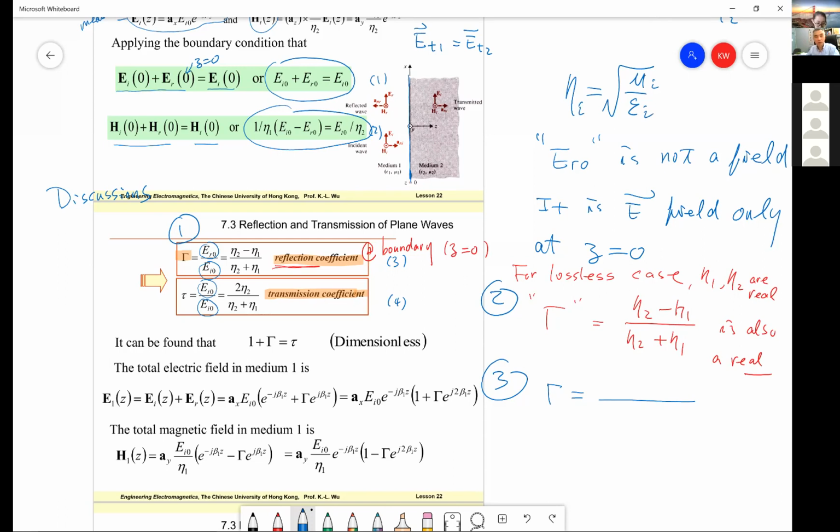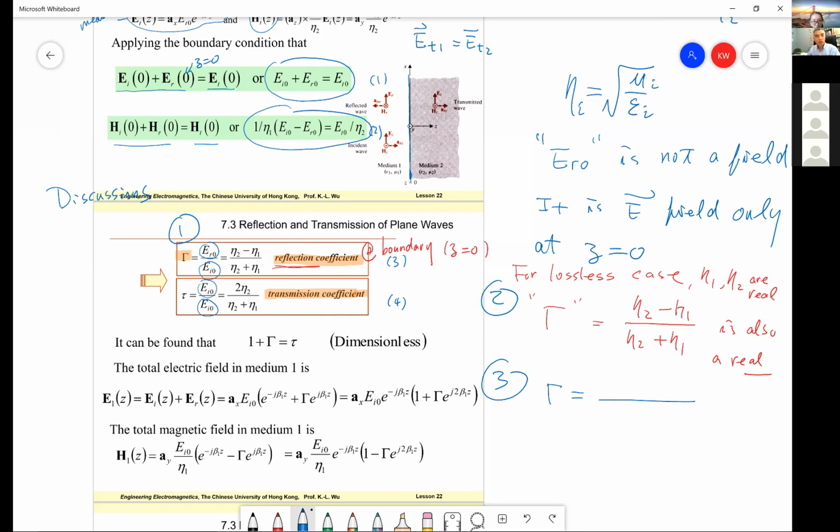As simple as this. If you look at the lossy case, don't worry, I will provide it. But if you don't remember the reflection coefficient, it takes less than 1 minute to derive it by applying boundary conditions.